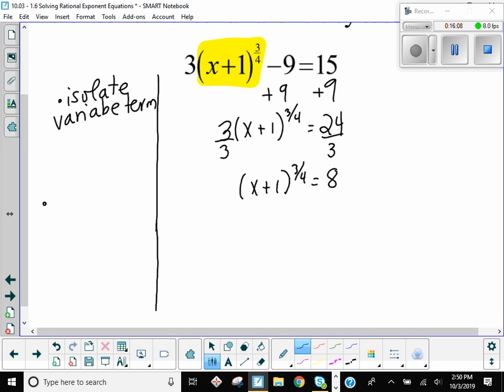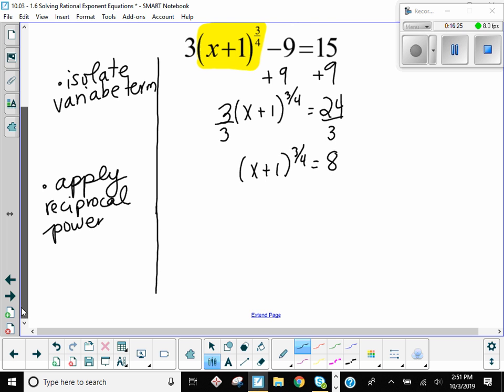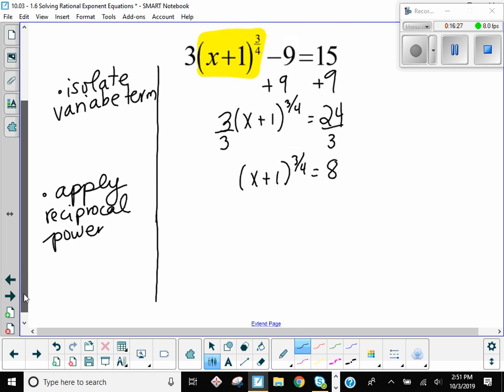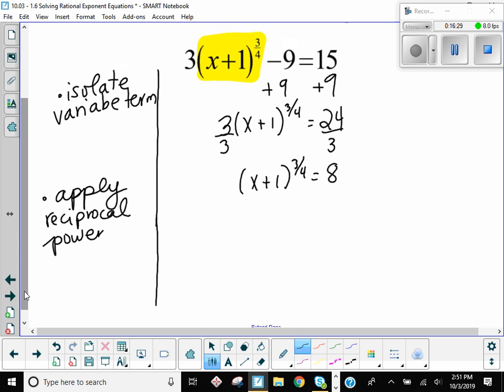Now I need to get rid of the 3/4. So I apply the reciprocal power. So what is the reciprocal power? 4/3.